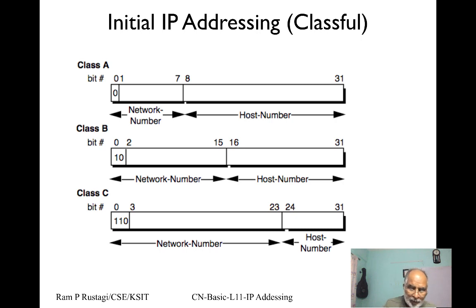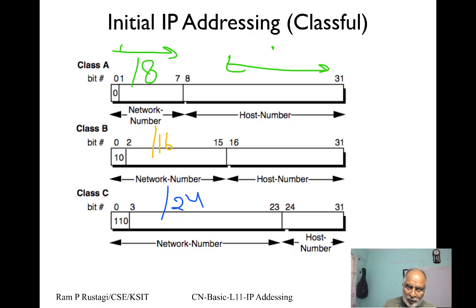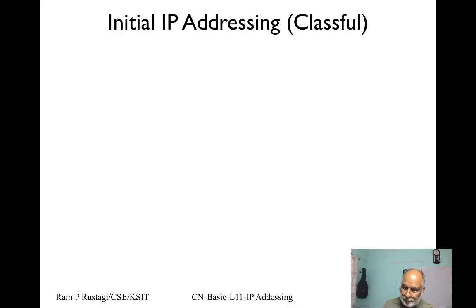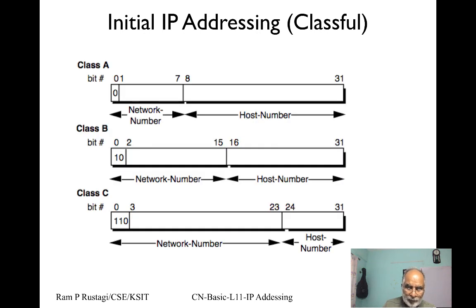In Class A, only 8 bits were assigned to the network number. For Class B, 16 bits were assigned for the network number, and for Class C, 24 bits were assigned. So that means for Class A, I have 8 bits for the network, and for the host part, I have 24 bits.